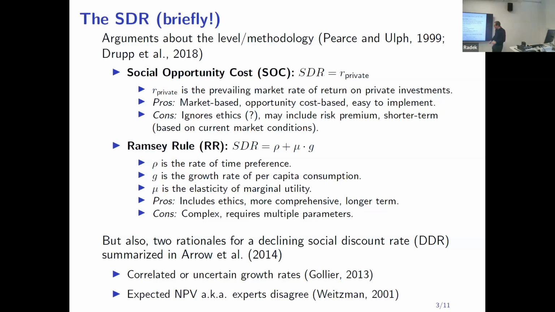It actually makes sense to incorporate a declining discount rate, just in case those guys who think the social discount rate is very low are right. So you can sort of write down their model where you have a distribution of social discount rates among experts, and you can sort of show that in that case, what really needs to happen is for the social discount rate to go down.